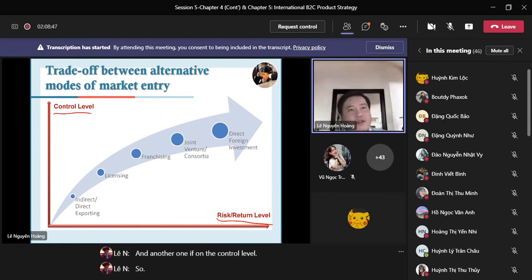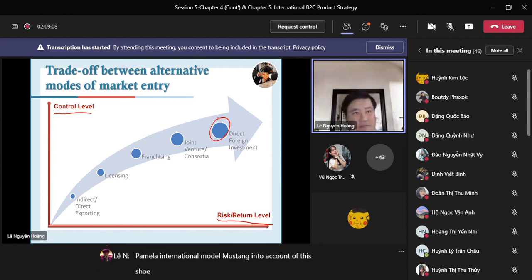Please take note that the case of Samsung's direct investment in Vietnam will be this one, direct foreign investment. And bear in mind that international market entry must take into account these 2 aspects.